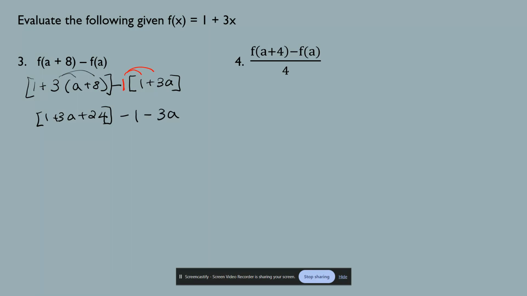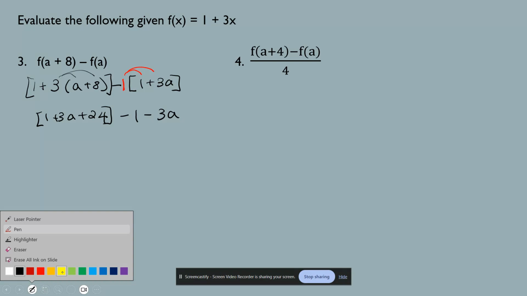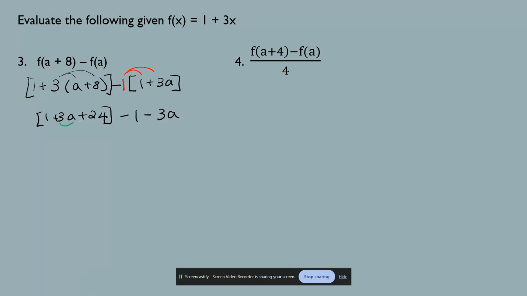Alright, same thing, I'm going to combine my like terms. So here's my 3a minus 3a, and you will notice that cancels each other out. So you'll be left with just the constants, which is 1 plus 24 minus 1 here, which will give you 24 as your final answer.